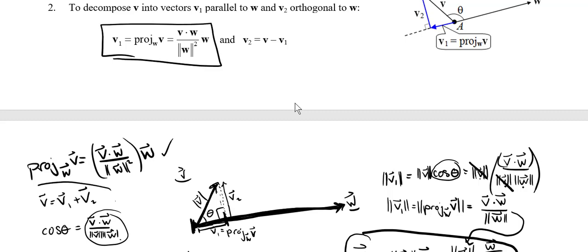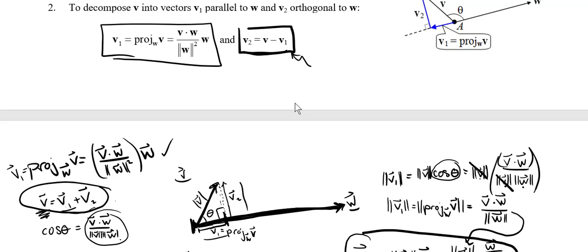And remember, we said down here that the whole idea is that V1 and V2, the parallel vector and the perpendicular vector to W, should add to produce V again, right? Well, that means if I already know this projection vector, that's V1. If I already know V1, I can solve for V2 in terms of V and V1. That's what we did here. V2 is just V minus V1.